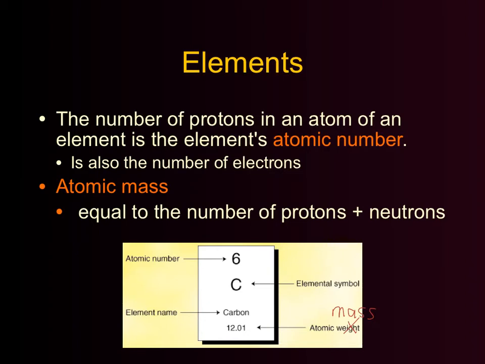So if I knew the mass was 12, and I knew the atomic number was 6, which is our number of protons, if I take 12 minus 6, that leaves me with 6, which will be the number of neutrons.